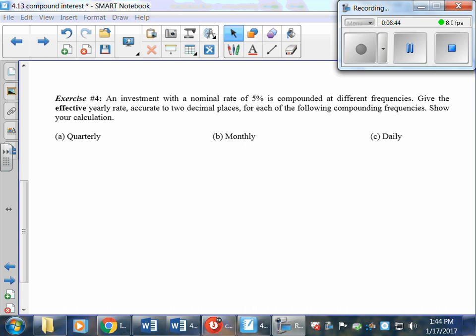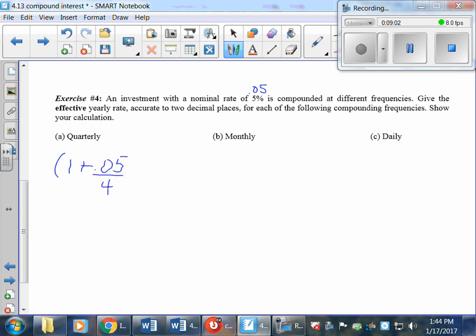So if we consider quarterly, quarterly is going to be 1 plus, remember it's 0.05, I'm sorry, the board is writing kind of spooky, so 0.05 instead of 5%. And this time it's going to be quarterly, so we're going to divide this by 4, and we're going to raise this to 4 times 1 for 1 year, which would be 5.09%.